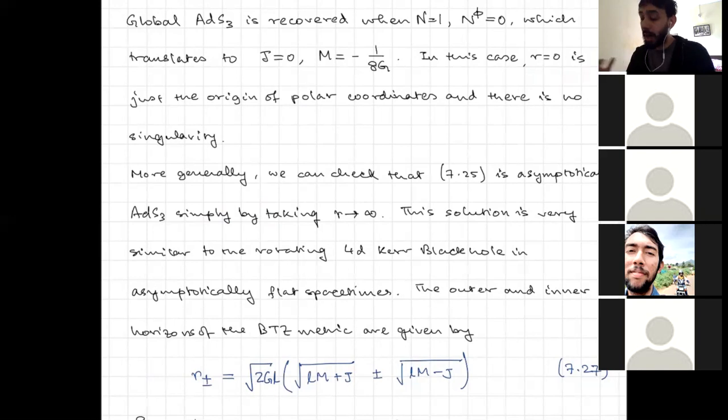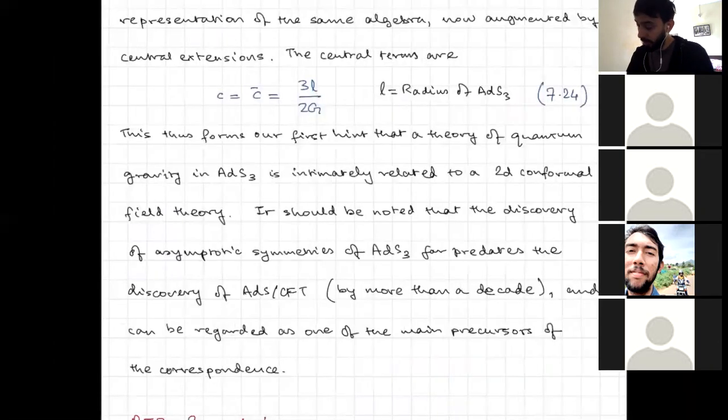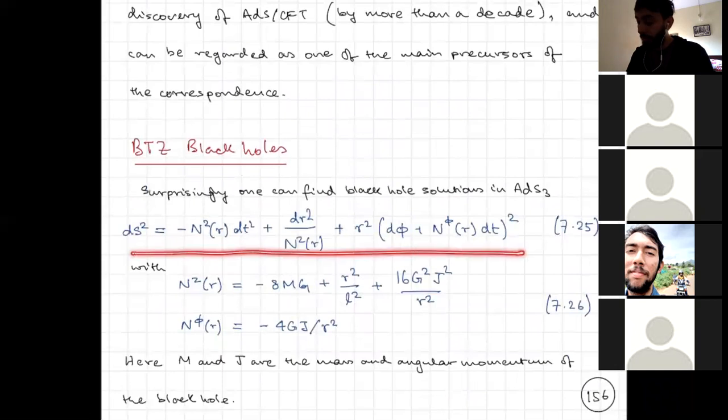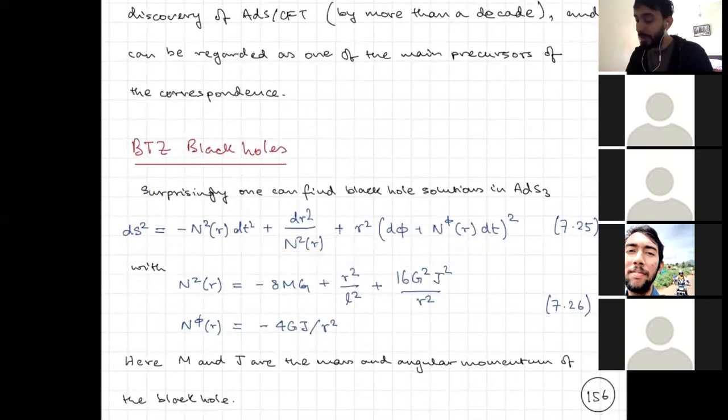For those of you who are interested, there is a lot more fun to be had with the BTZ metric, including what the causal structure of the space-time is, and so on. Those of you who are inclined can go back and have a look at this. This is extremely interesting, to say the least.